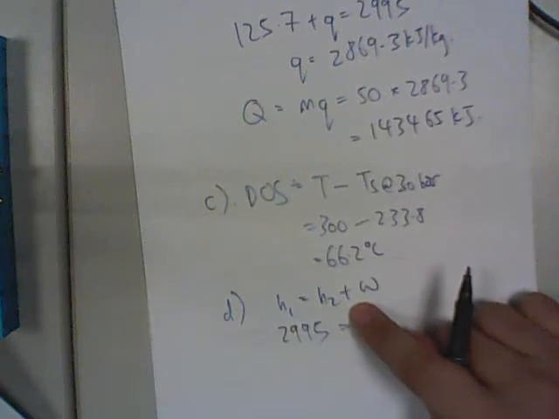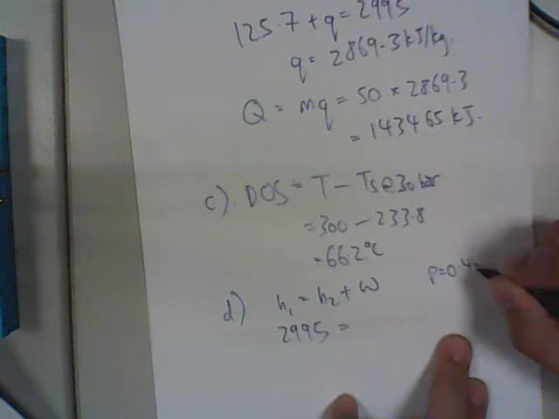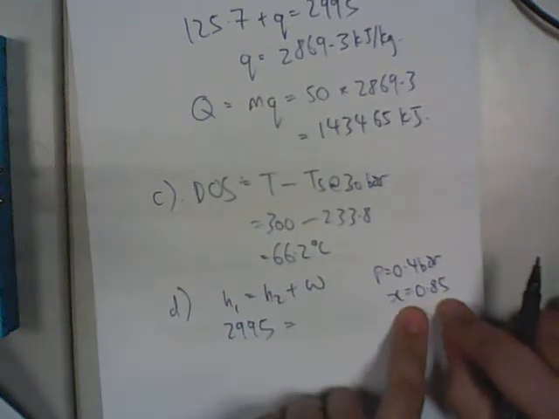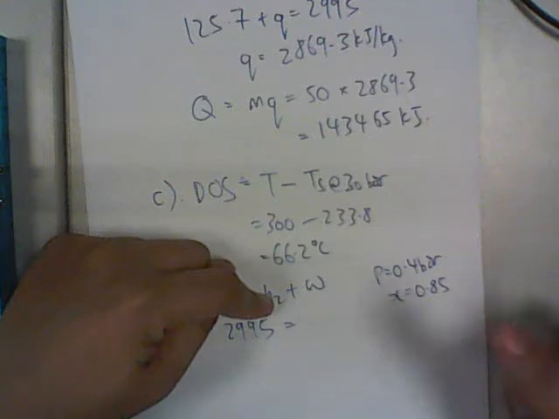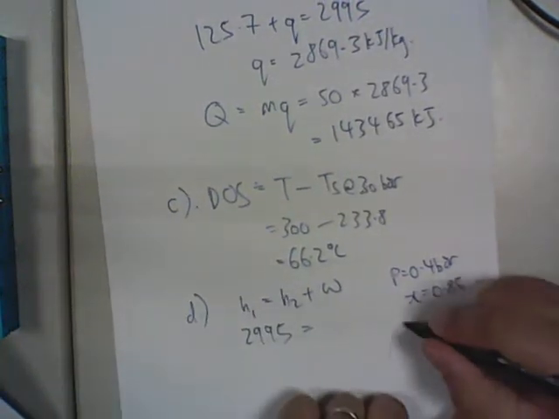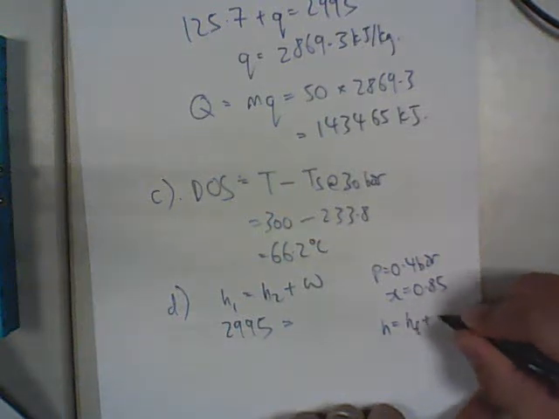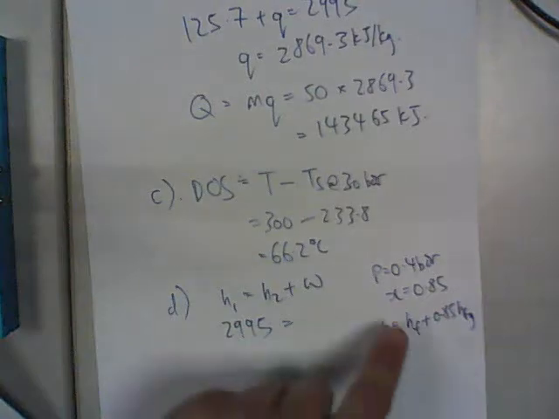Alright, H2 is the outlet of the turbine, P equals 0.4 bar, and the dryness fraction is 0.85. So if the dryness fraction is given to you, for sure this state 2 is under the hill, it is wet steam. Okay, so how you find it is just use the dryness fraction equation. H equals HF plus 0.85 HFG.